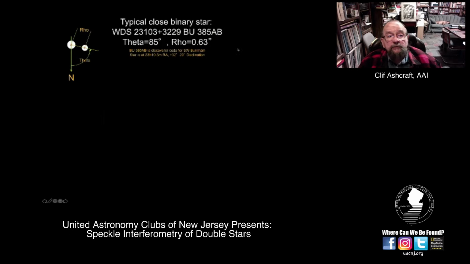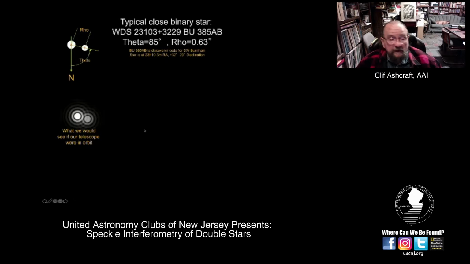Now, BU 385AB is a discoverer code for S.W. Burnham, who did his observations back in the classical era using filar micrometers. These numbers tell you that the star is at 23 hours, 10.3 minutes right ascension, and at plus 32 degrees, 29 minutes declination.